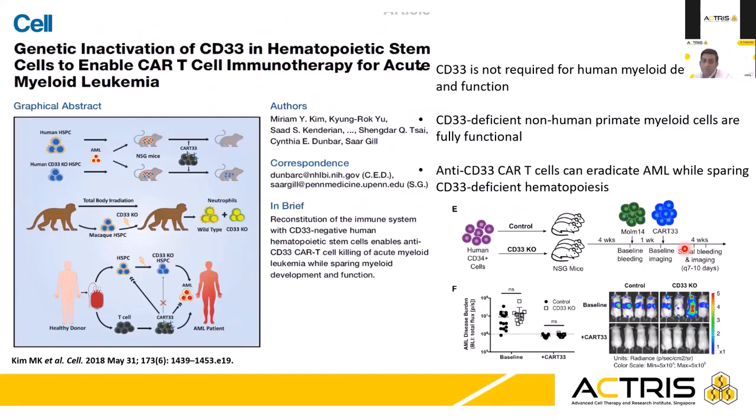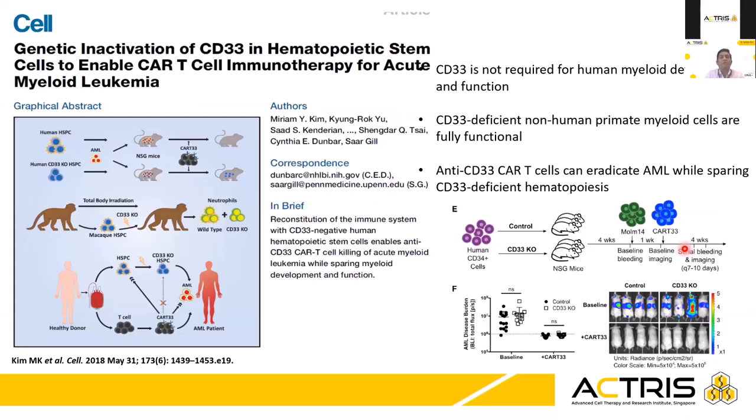This is a very interesting study, again, a purely animal study, and this speaks to the challenges when we have to look at targets for CAR T cells. CD19 was a very good target for developing CAR Ts.